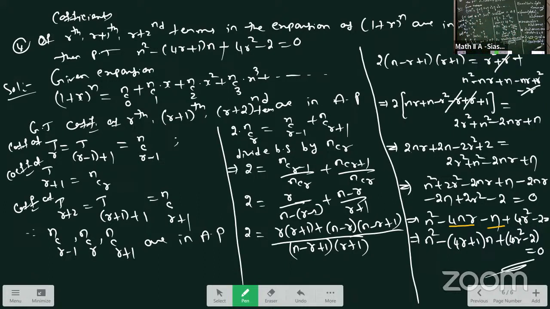So that is how the simplification goes. These are the most important questions of today's class. Some more questions on the binomial theorem will be discussed in the next class. Thank you.